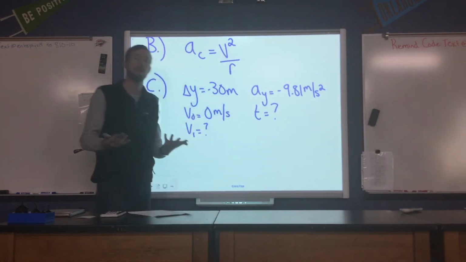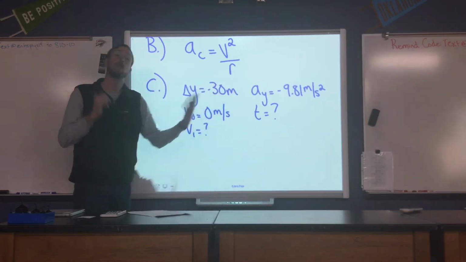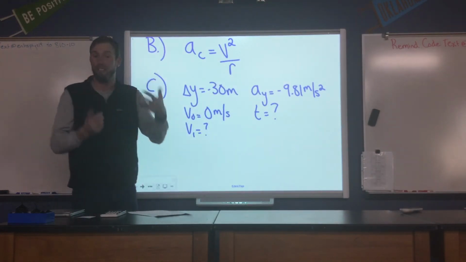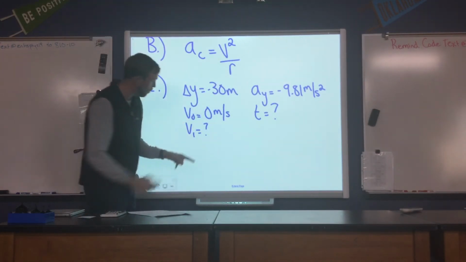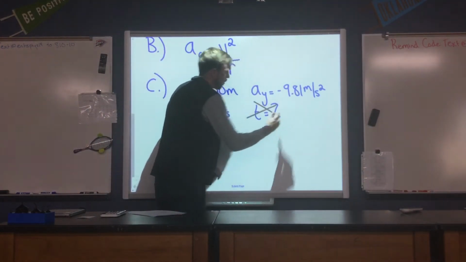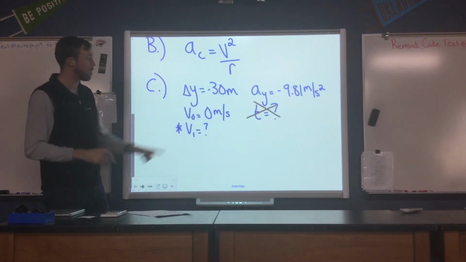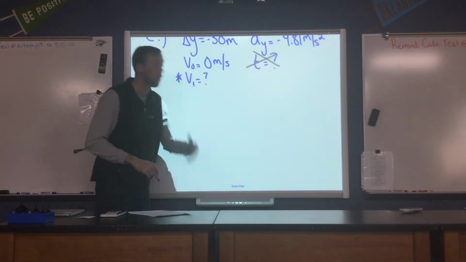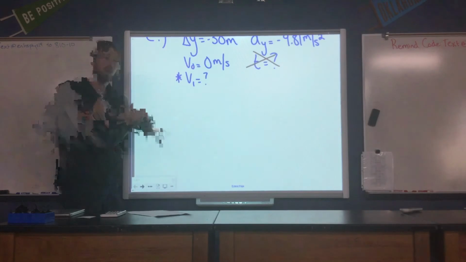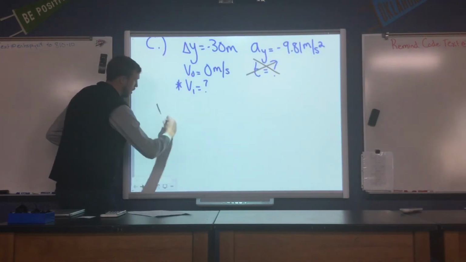We're not told anything about time in the problem, and time is something that we really have to have a kinematic equation to solve for unless we record it physically. So since V1 is what we want to know, that means time is the variable we don't know and that we can ignore. And using our kinematic equations, that means we're going to use equation number 5 as we've labeled it. And equation number 5 looks like this.